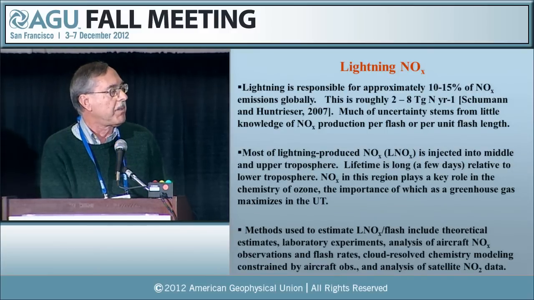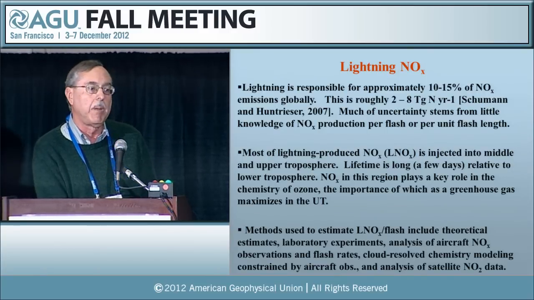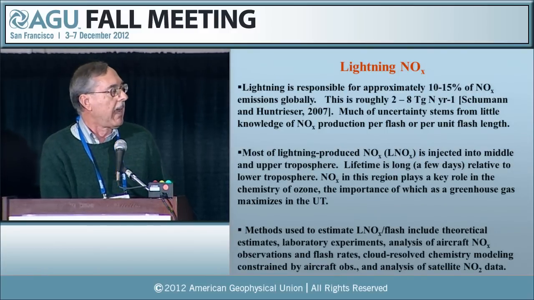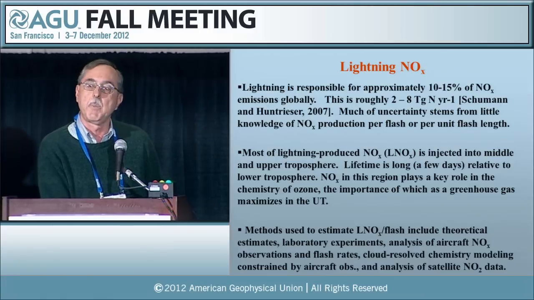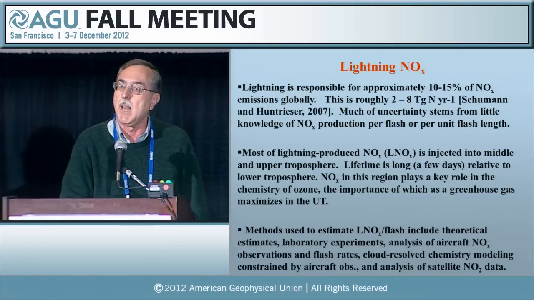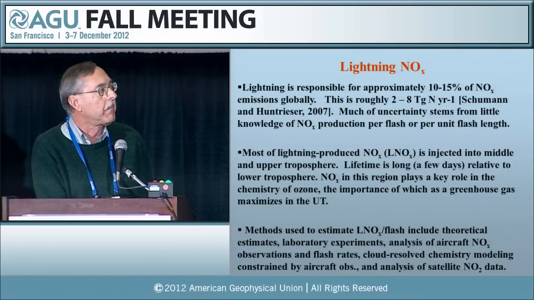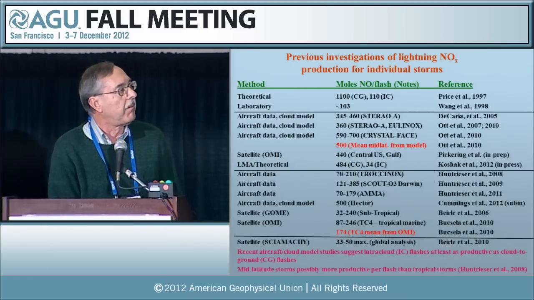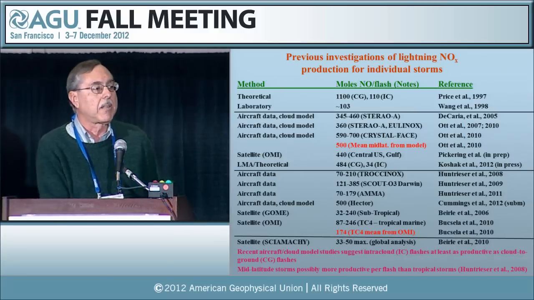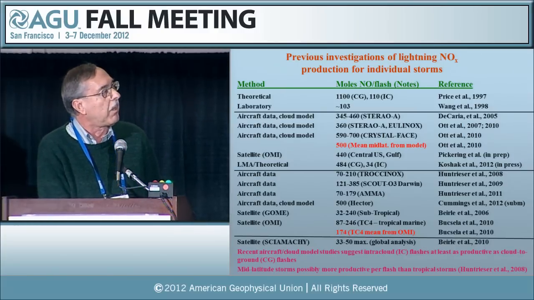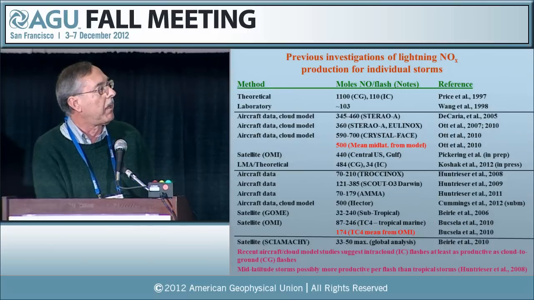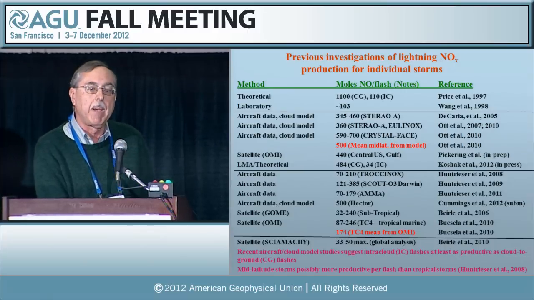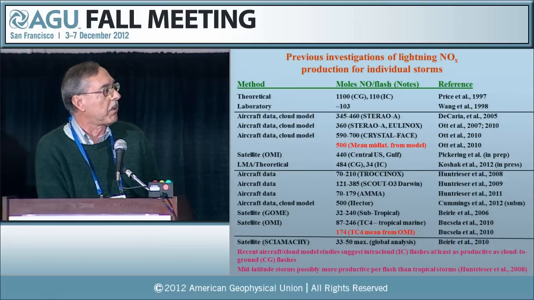We've run cloud-resolved chemistry models that have been constrained by observed flashes and aircraft observations. And then there's also been analysis of satellite NO2 data. So this is a brief summary of some of the NOx production amounts per flash that appear in the literature. This is not by any means comprehensive, but it gives you a flavor of what's out there.